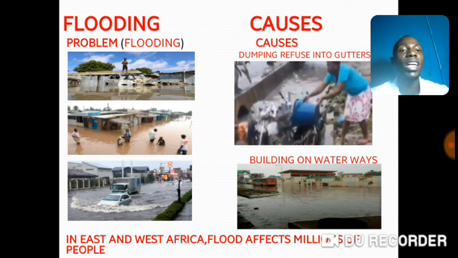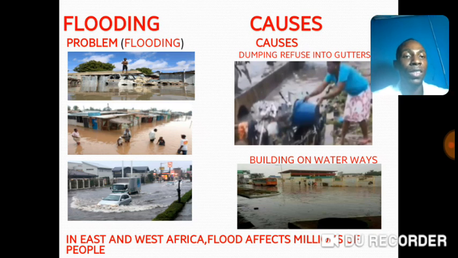And so, for that matter, when there is a heavy downpour and it is difficult for the water to flow, it rushes and then floods our houses. For that matter, when we build at swampy or waterlogged areas, it causes flood to engulf our houses. This is another cause of flooding. Building on waterways.